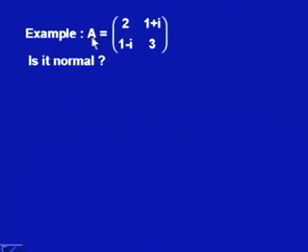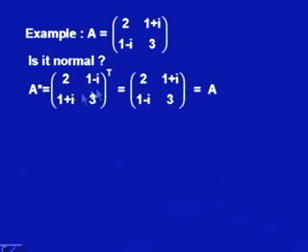So, let us elaborate this with this example A, where I have a matrix of 2 by 2 order. Here some of the elements are complex. We have to check whether it is normal or not. For this purpose I first have to constitute A star.